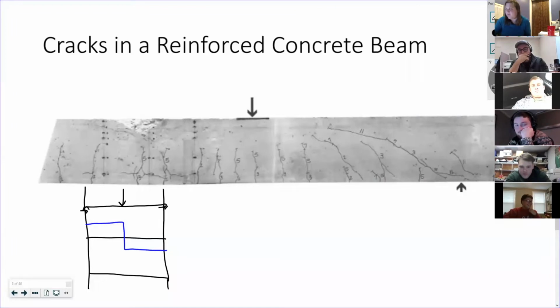If it's a distributed load, your shear is just like that.